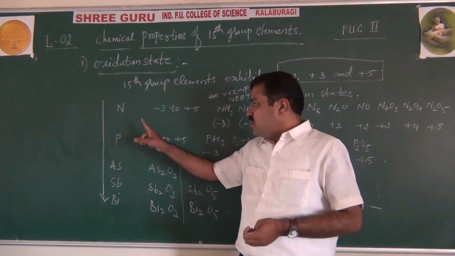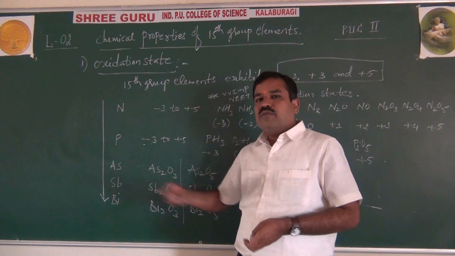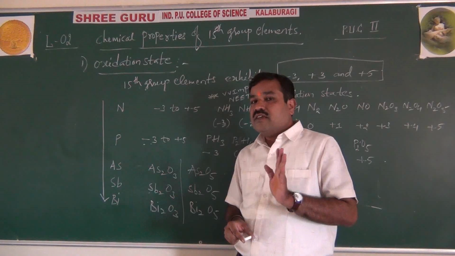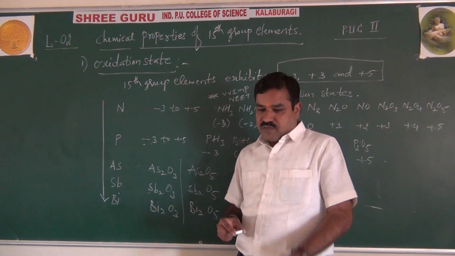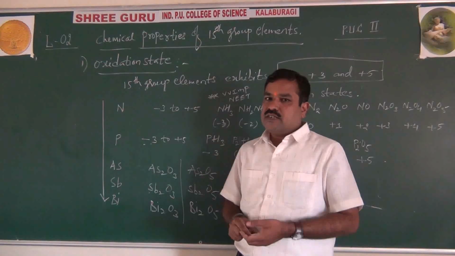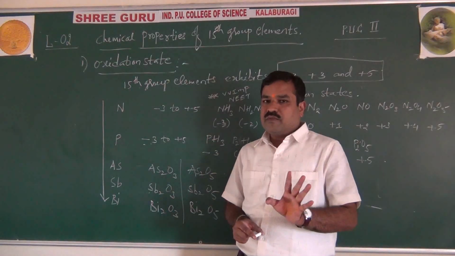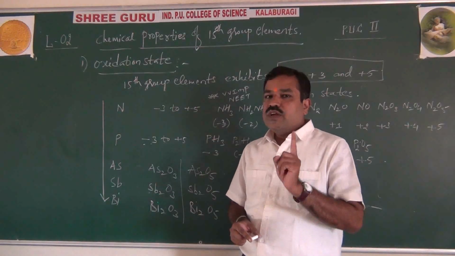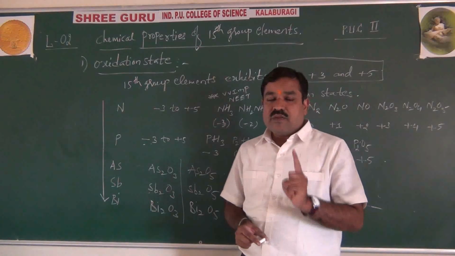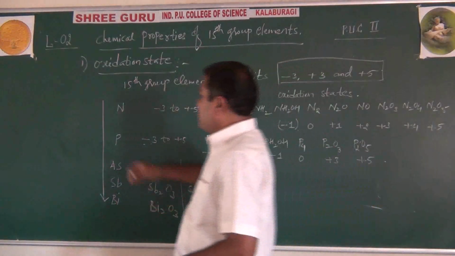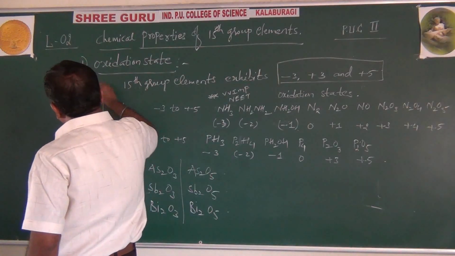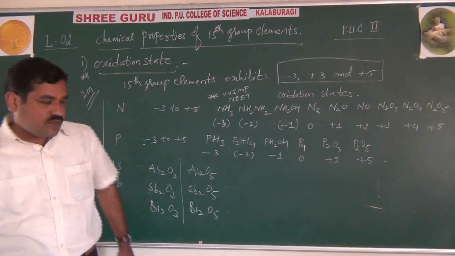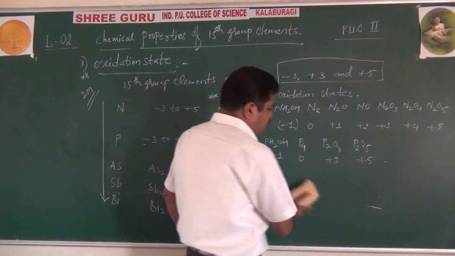That means down the group, the oxidation number decreases from +5 to +3, and +3 becomes stable. If you go from bottom to top, +5 becomes stable. Remember, this is very, very important for 2 marks in theory.